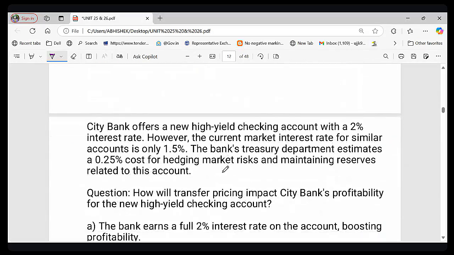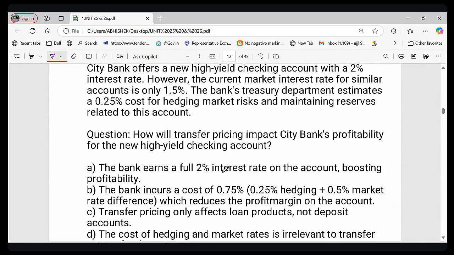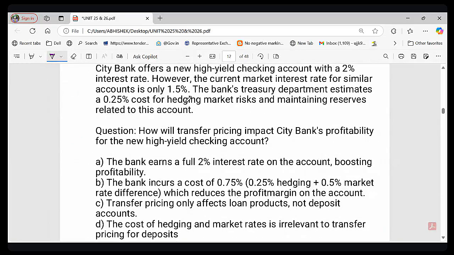The next question, as you can see on your screen, is a very good question taken from the Macmillan book, unit number 25. Let's go through the question. Citibank offered a new high yield checking account with a 2% interest rate.